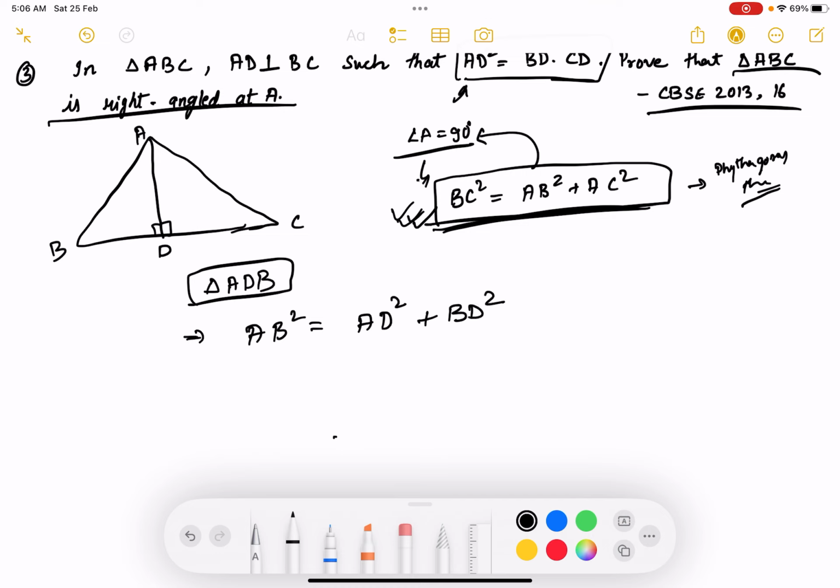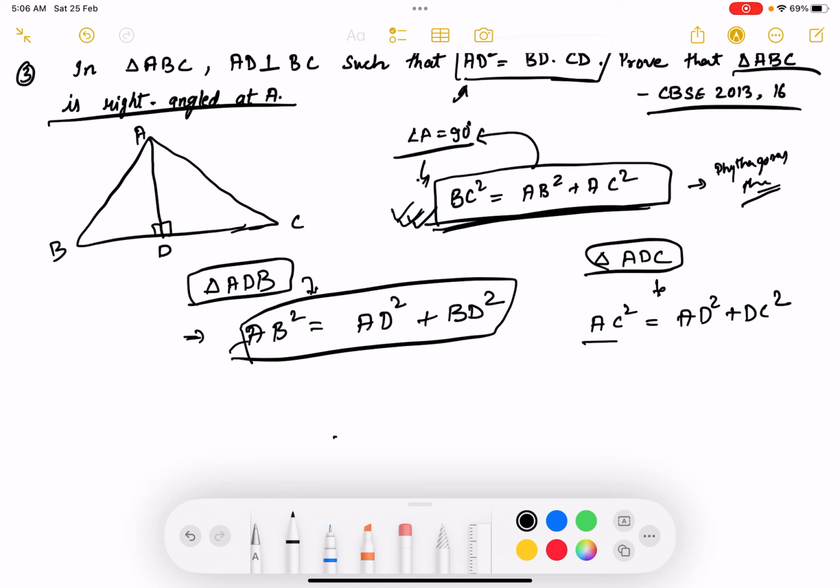And again in triangle ADC, we have AC square is equal to AD square plus DC square. So let's add equation 1 and equation 2.